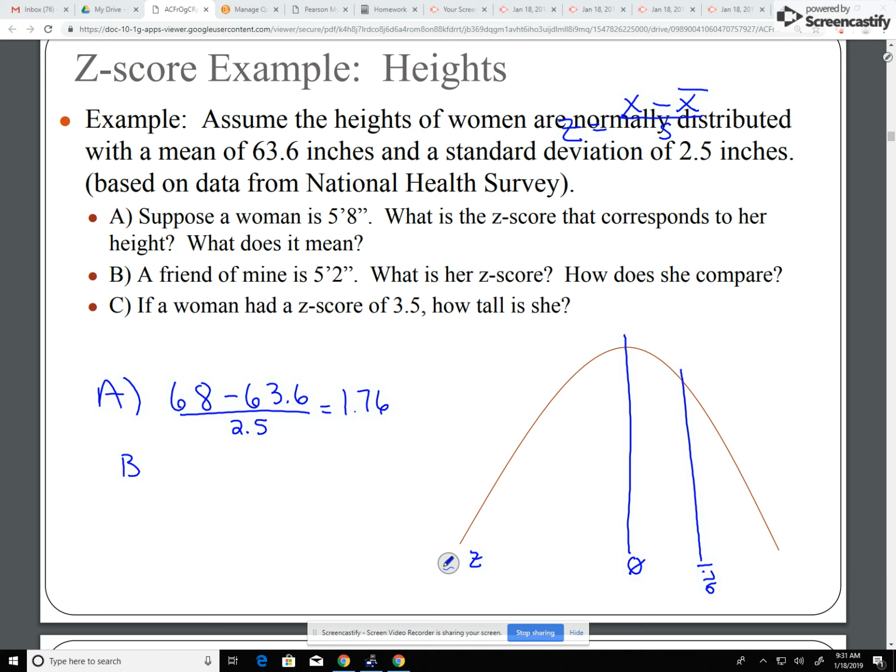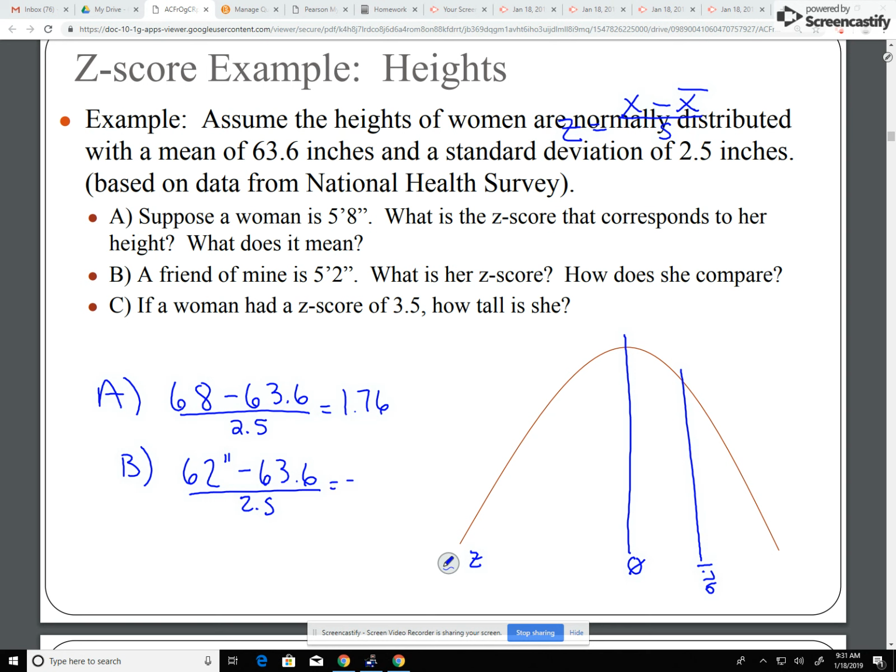Just looking at this friend of mine who's 5'2", I know that she's 62 inches, and that's shorter than the mean. So I know for a fact I'm going to get a negative number here, because 62 minus 63.6 is going to give me a negative number.